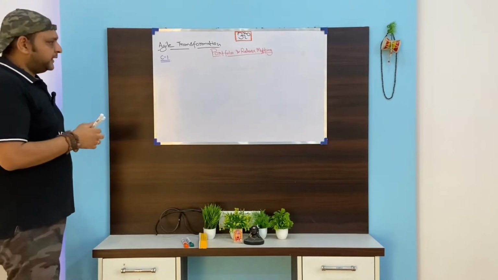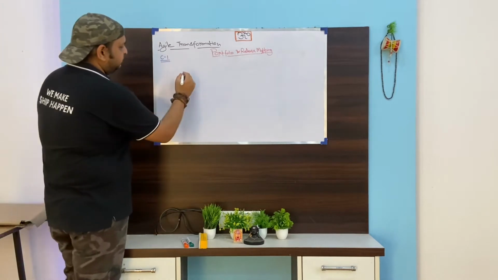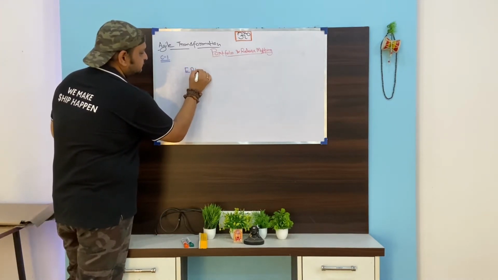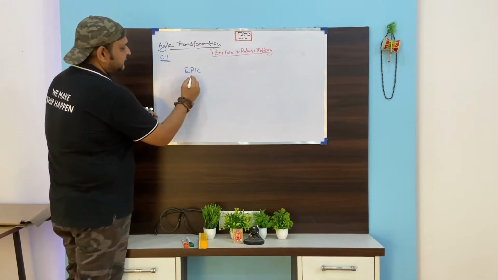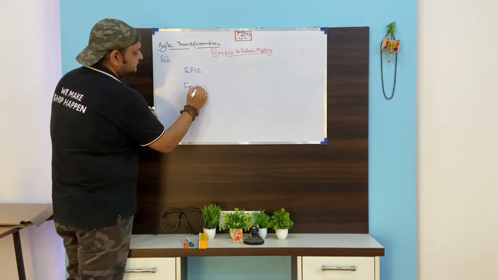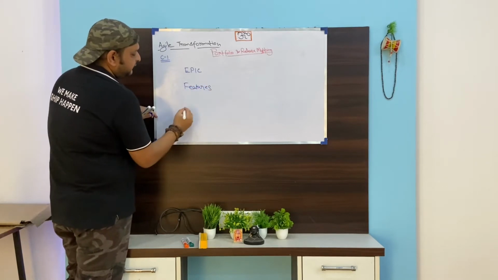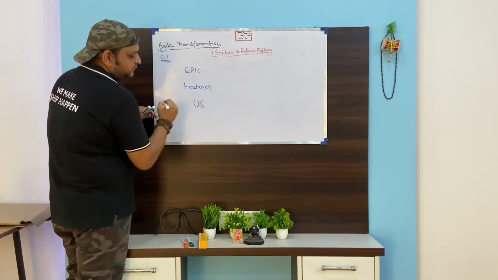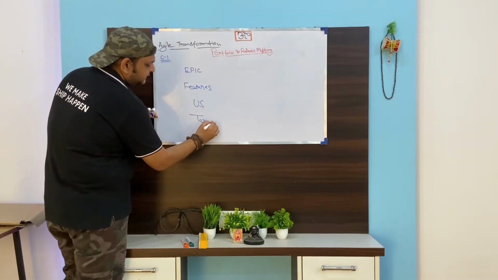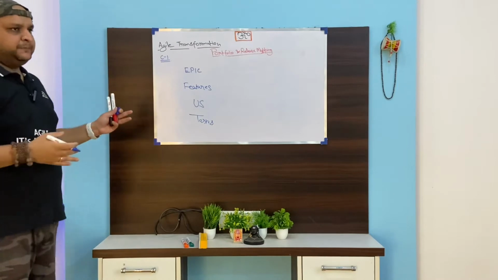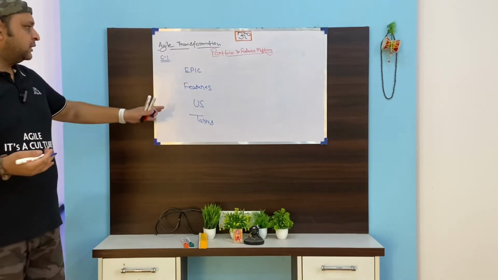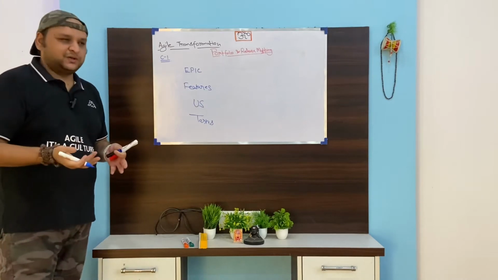If we try to write it, first is epic, then these are divided into features. Features are divided into user stories, and user stories are divided into tasks. This is the basic hierarchy which I think most of us are using in classifying our work.